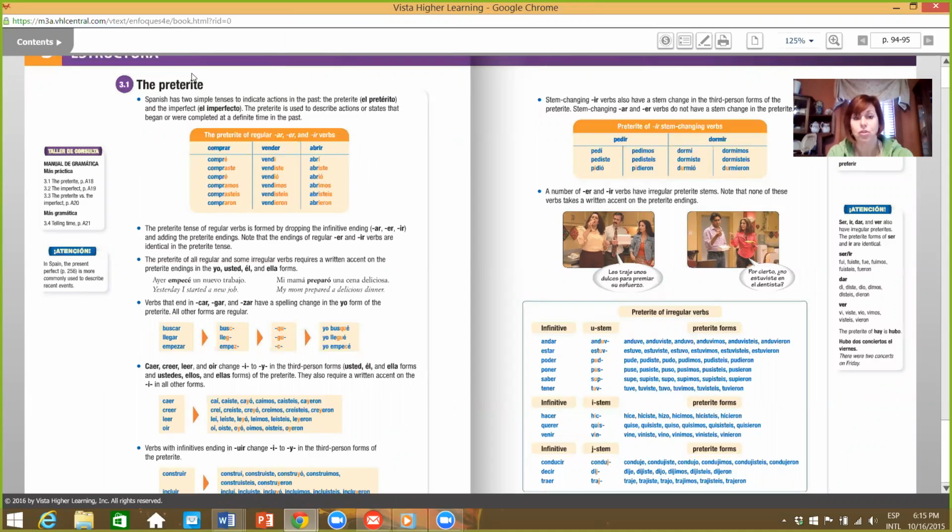The preterite. So this chapter covers preterite and imperfect and how to use them both together. So unlike when you covered it in 100 level Spanish, or if you covered it in high school where you spent a really long time doing the preterite and then a really long time doing the imperfect, and then you worked on them both together, remember that in this class it runs a lot faster because they take it for granted that you already have seen this before and that you remember it.